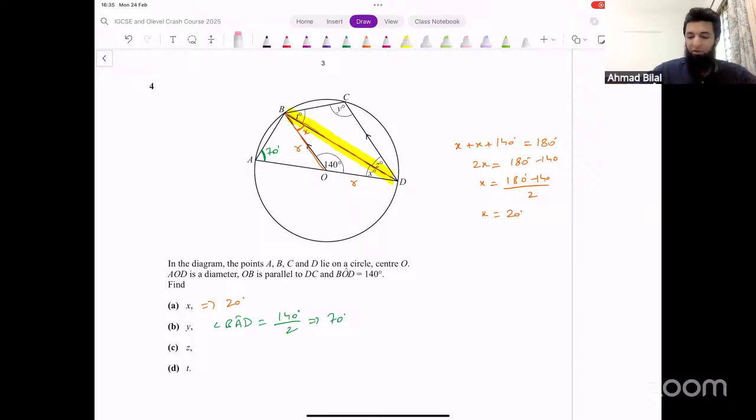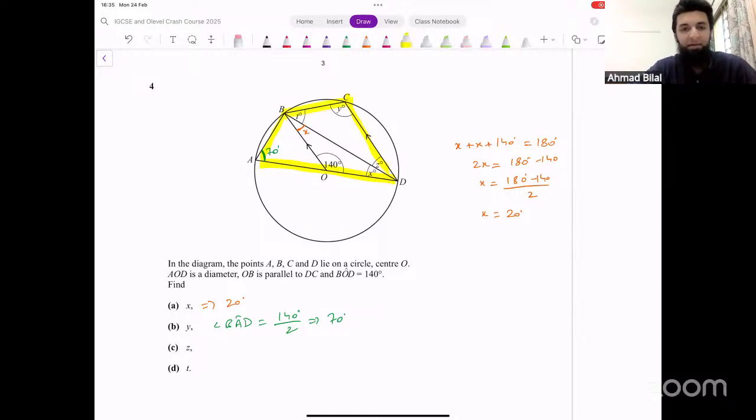And now, how is that useful for finding y? Now, if we look at this bigger figure, 1, 2, 3, 4, it's a quadrilateral.